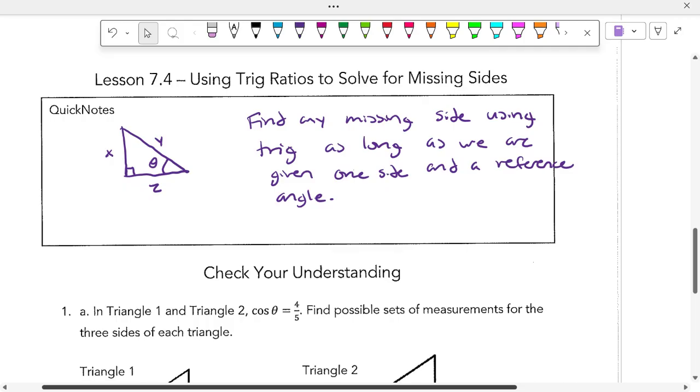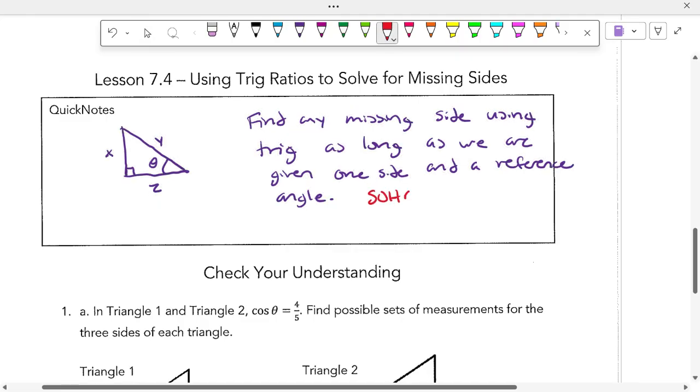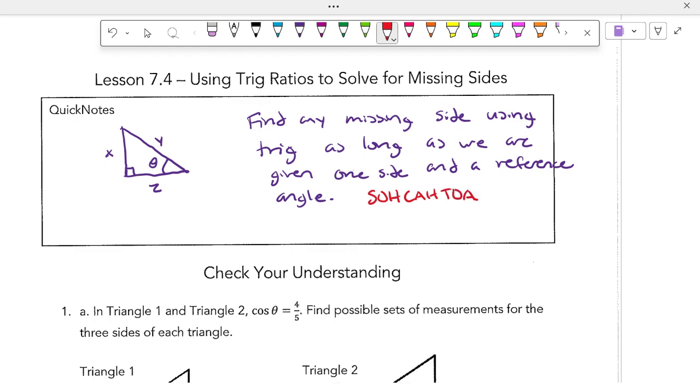All right, so as long as we're given one side and a reference angle, we would then just determine which trig ratio to use using SOHCAHTOA. So remember, SOHCAHTOA is your friend. And then you would just solve for whatever variable you're finding. So, for example, let's say I was trying to solve for x. All right.